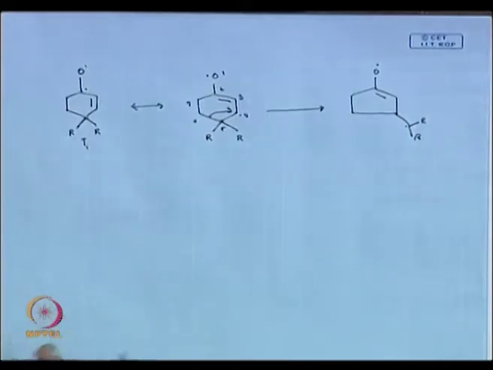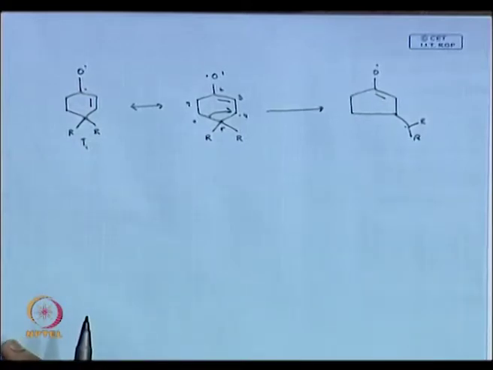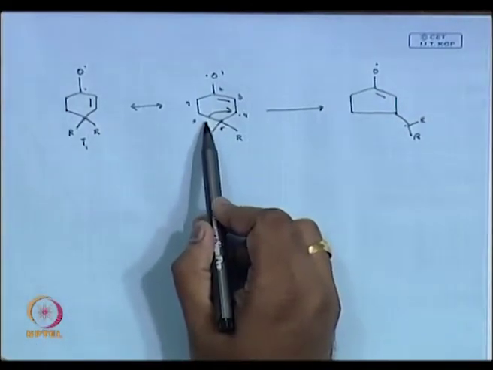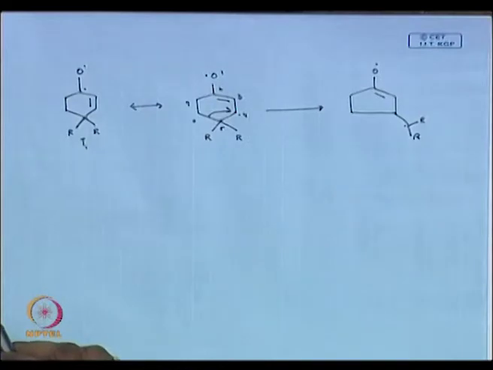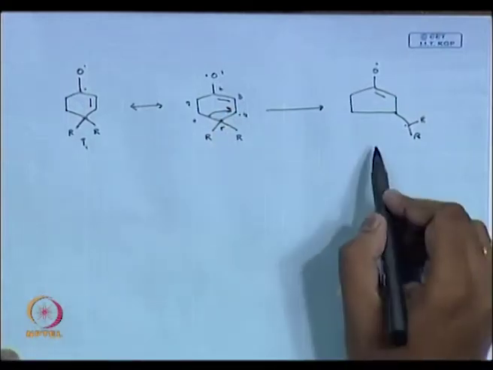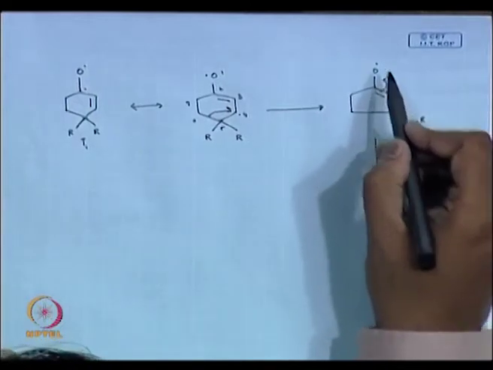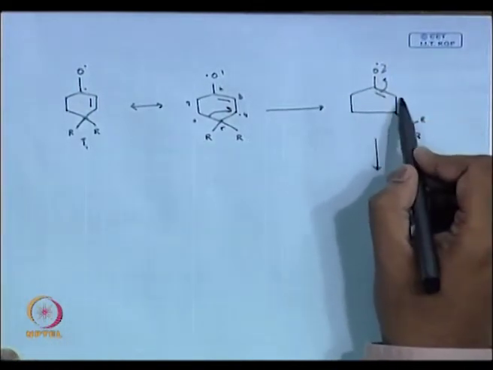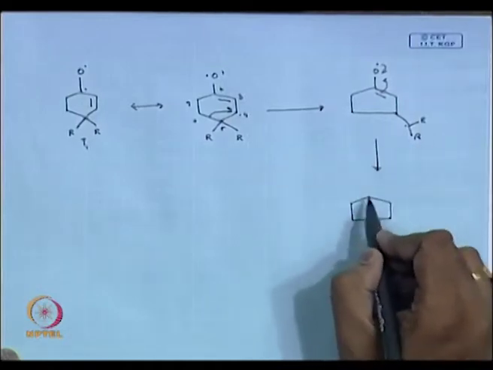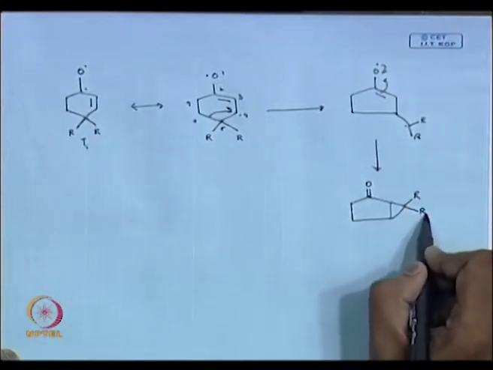It looks like a really nice migration, a shift of your C5-C6 carbon towards your C4 atom, and it's a radical. Then you can create a radical here, so you can combine this one.